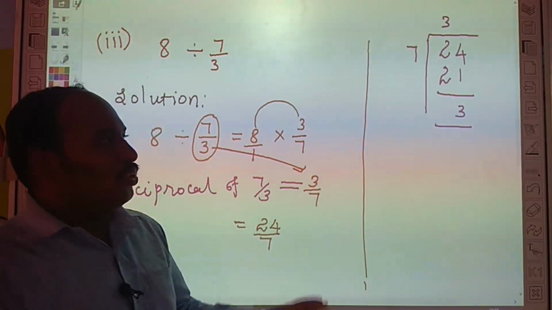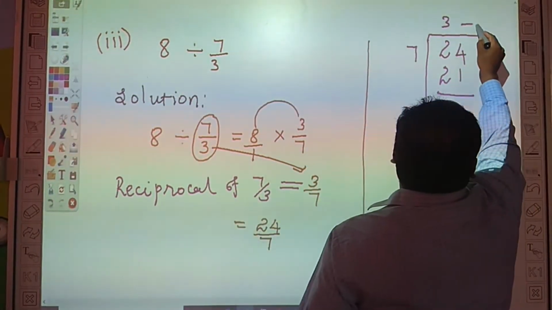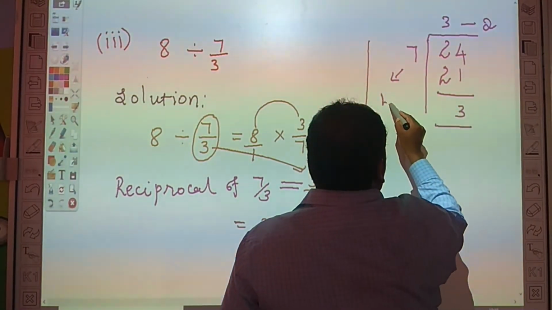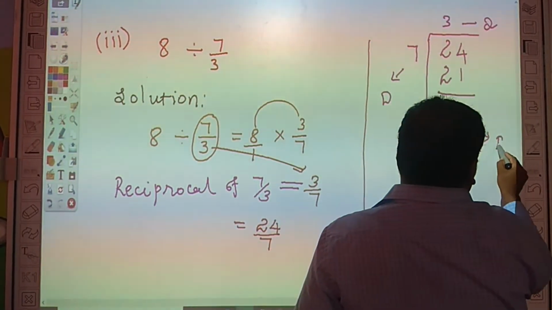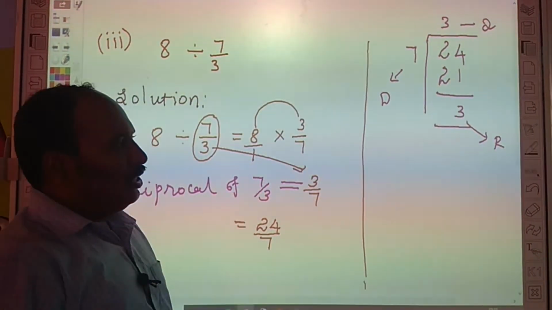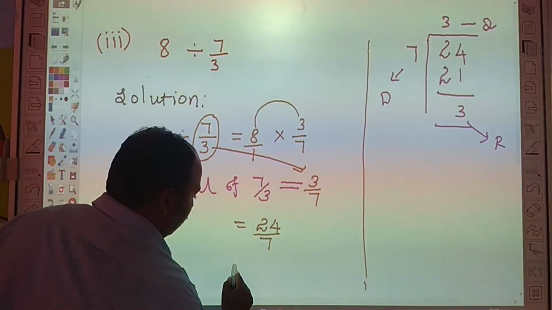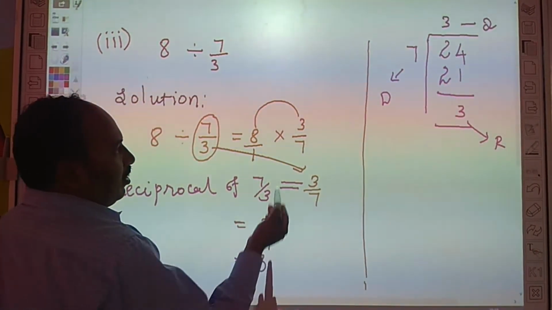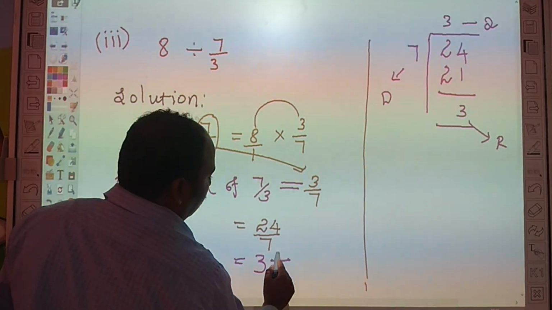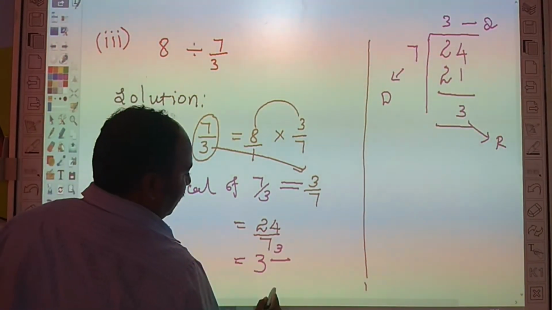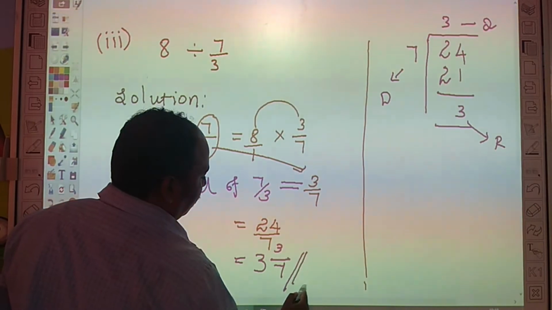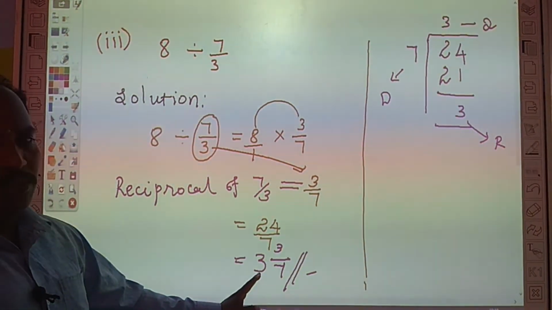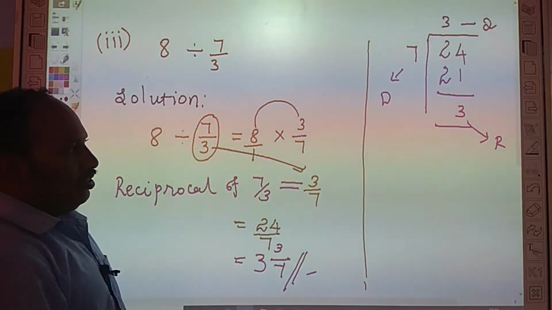Mixed fraction is equal to Q into R by D. So Q is equal to 3, then R is equal to 3, then D is 7. So our answer is 3 into 3/7. The next one.